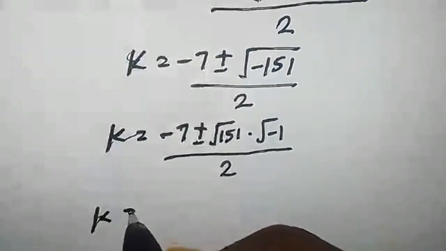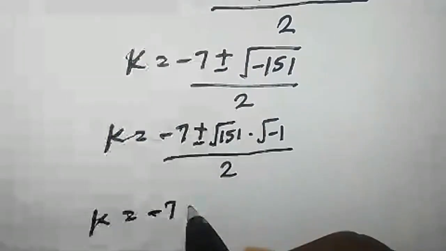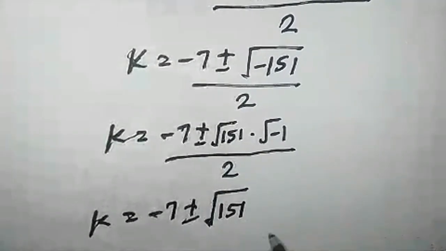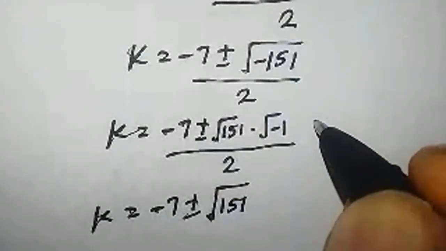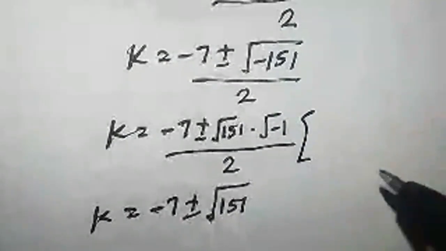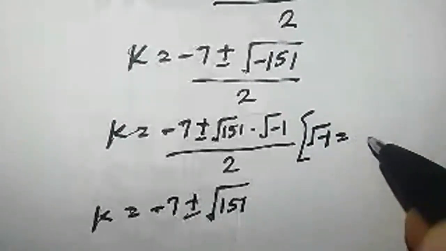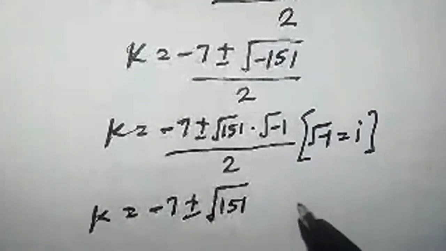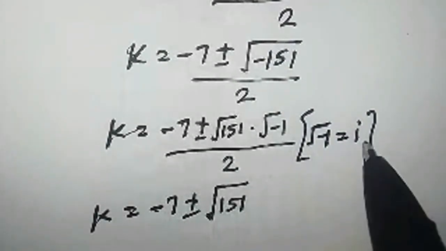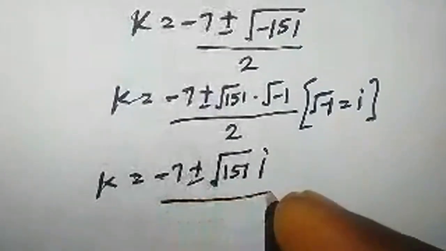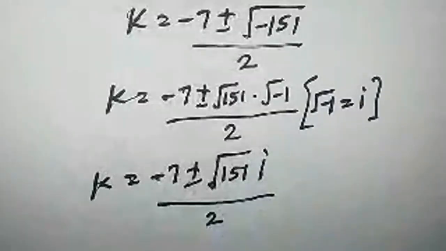So the value of K equal to minus 7 plus or minus square root of 151. Now recall, from complex numbers, we know that square root of minus 1 is equal to i. So we have to replace this with what? With i. We have i here divided by 2.